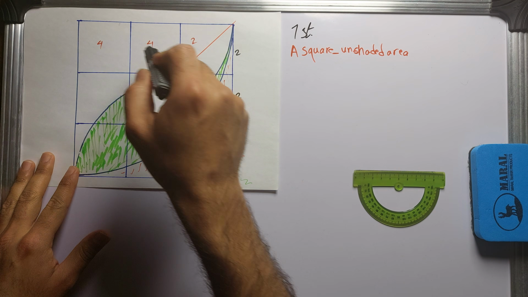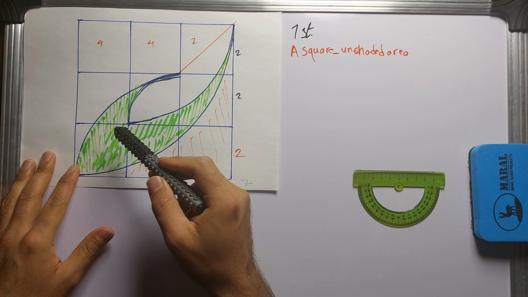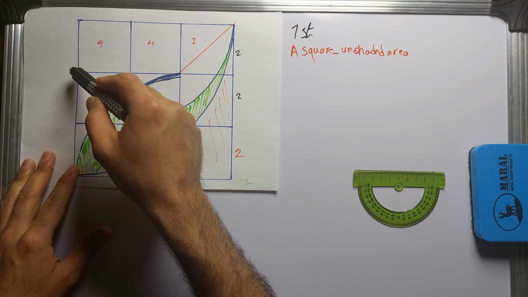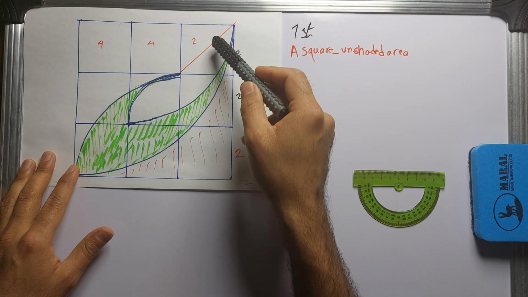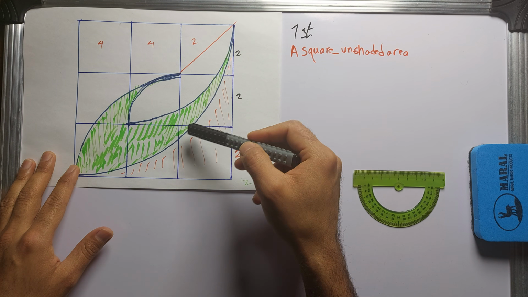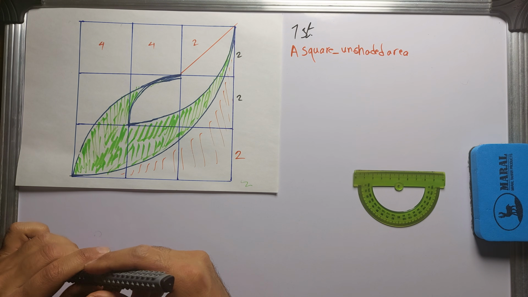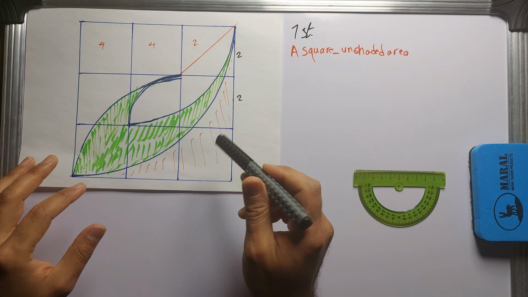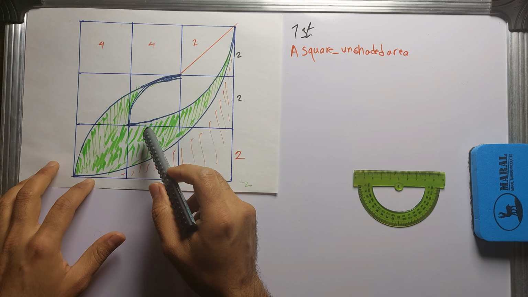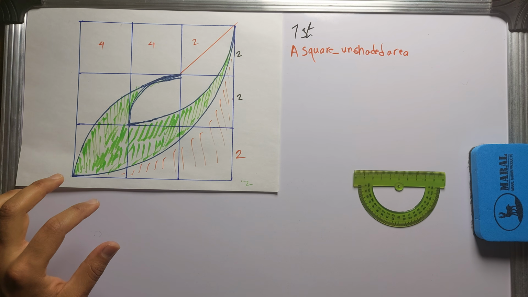The area of the green shaded area is equal to the area of the big square minus this white, unshaded area. If we can find a way to calculate the area of these unshaded areas, we can find the area of this green part.